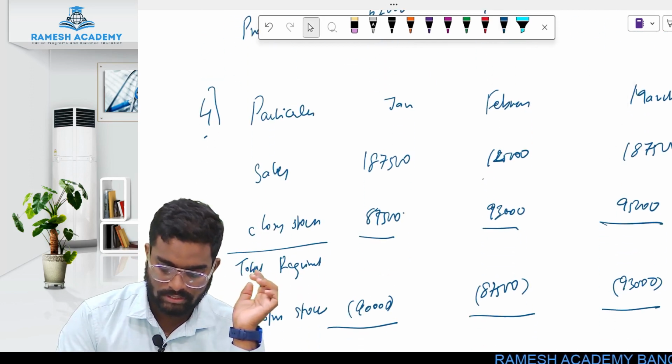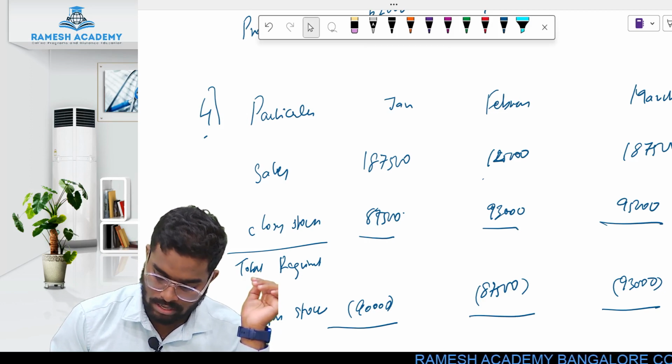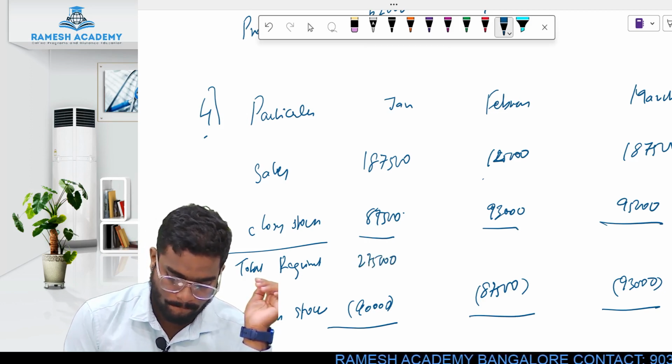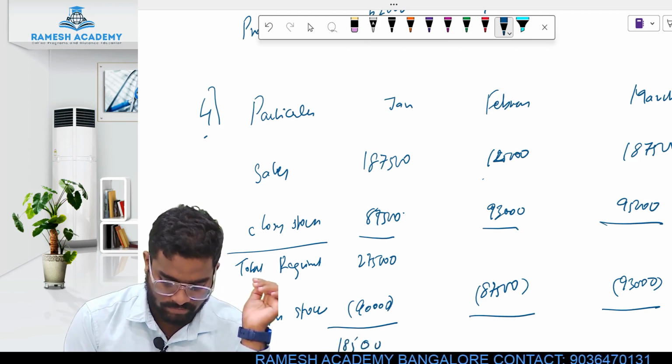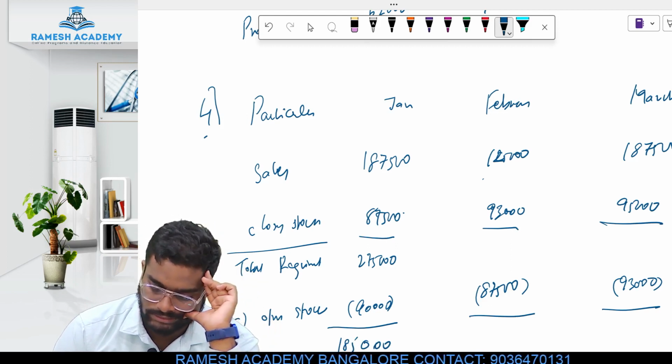So just add and subtract and you'll get the answer. So simple concept, guys. Sales plus closing stock minus opening stock, that's it. No big rocket science here.